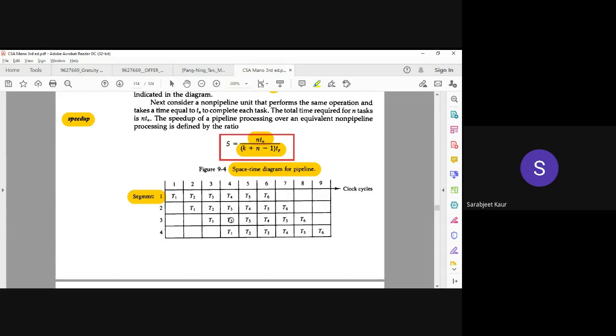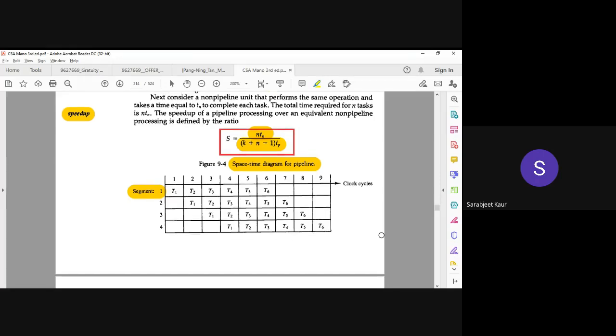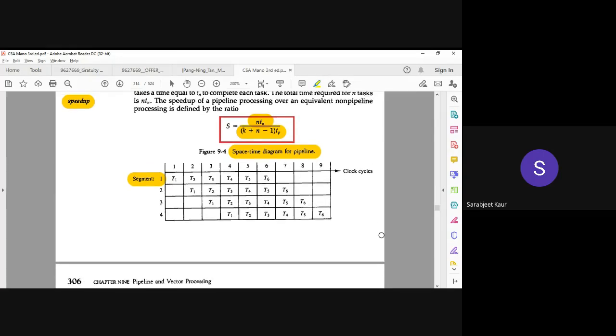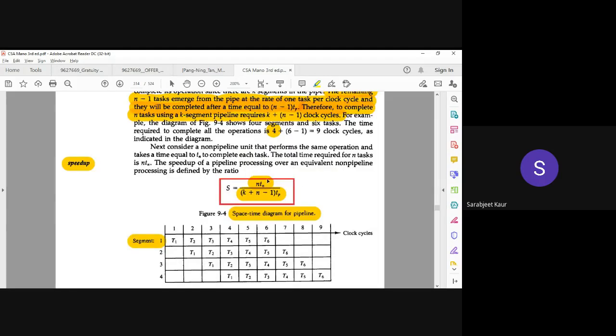This is very simple, but let me tell you that if you don't draw it by your own hand, you will not be able to do it correctly in the paper. There is no complication here. Questions of this sort come for 3 marks, 4 marks, 6 marks, so these are easily scorable marks.